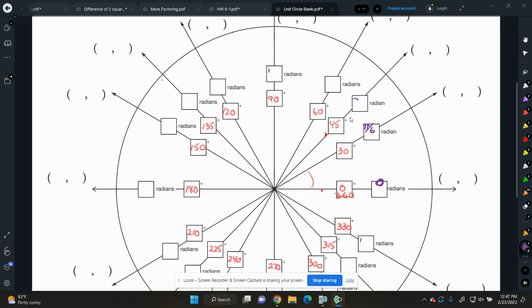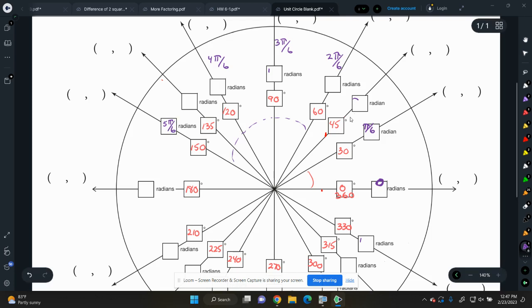So another 30 degrees brings us to 60. So this is actually 2 pi over 6. Another 30 degrees brings us to 3 pi over 6. We go another 30 degrees, that's 120 degrees. So now we're at 4 pi over 6. Another 30 degrees brings us to 150. So now we're at 5 pi over 6.